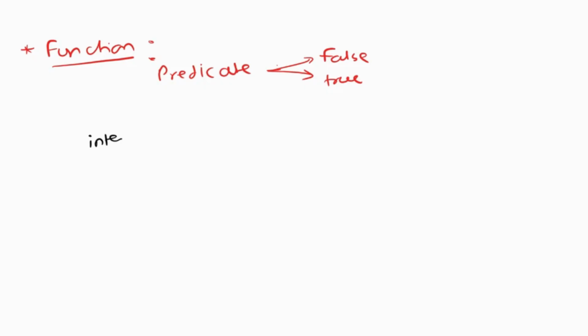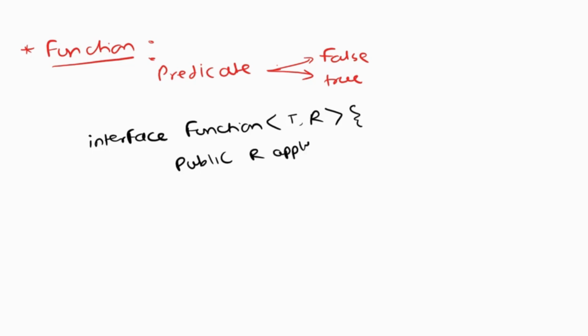First of all, let me write the syntax of the Function interface. It takes two type parameters, T and R. It has public R apply(T t).